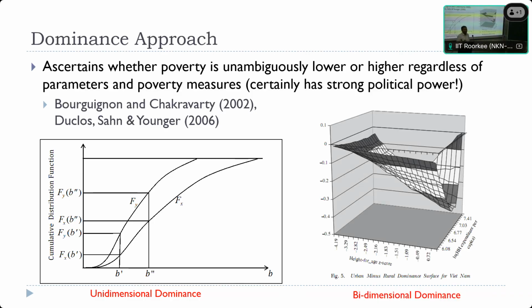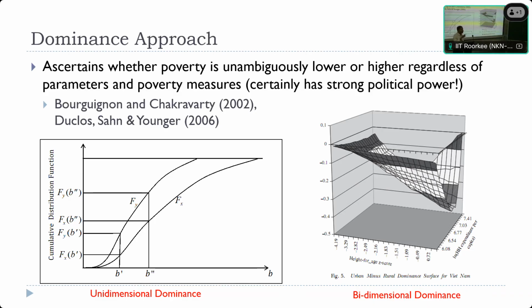This is a picture of the multidimensional world, only 2 dimensions. If you have 2 dimensions, it becomes a plane. So you have 0 here. So this is the plane of 0. And then if one is dominating the other, the curve has to be comparable. Not curve, the plane. So you can imagine even in 2 dimensions, it becomes difficult to understand.